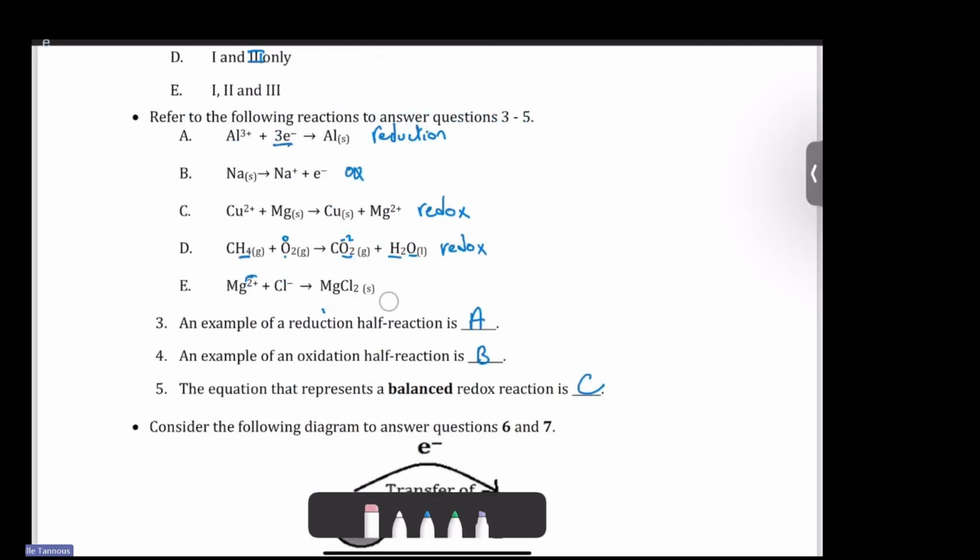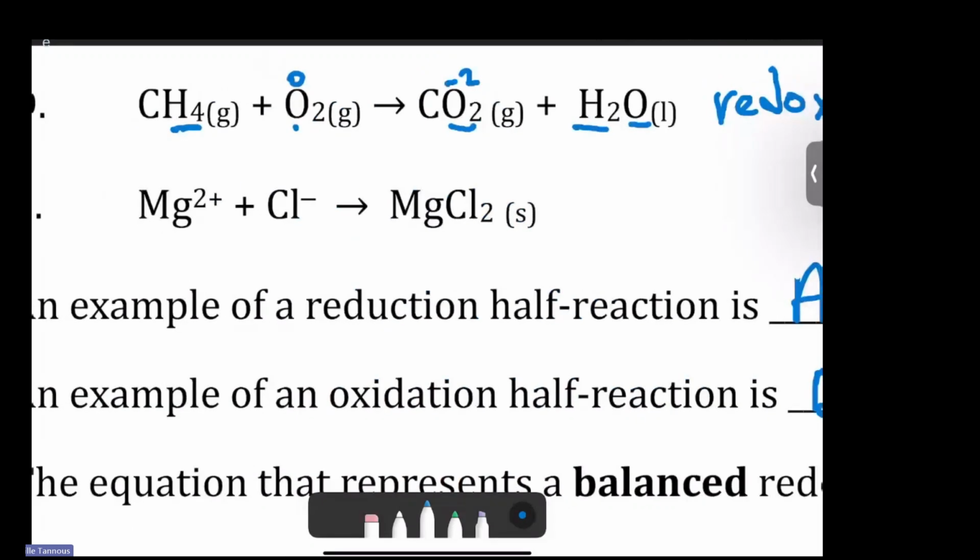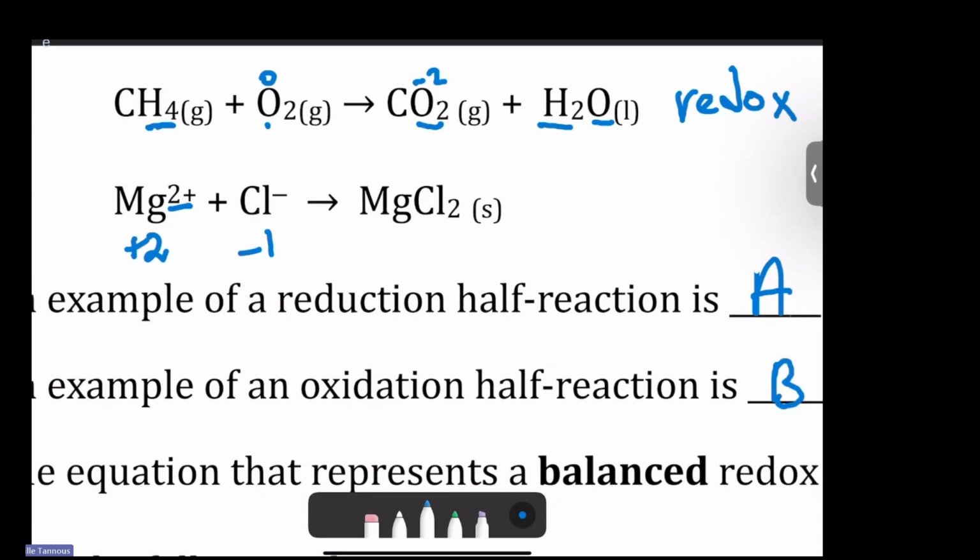Let's do it. What's the oxidation number of Mg? 2 plus. In here, it's the charge written on it. What's the oxidation number of Cl minus? It is minus 1. Now, Mg in a compound: what's the oxidation number of Mg in a compound, being in group 2?